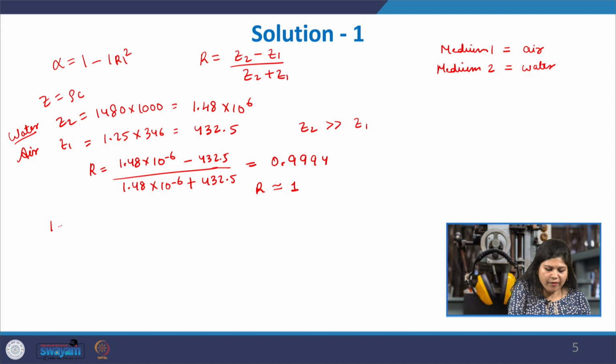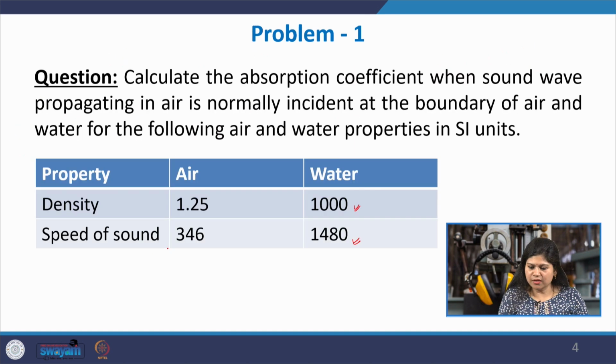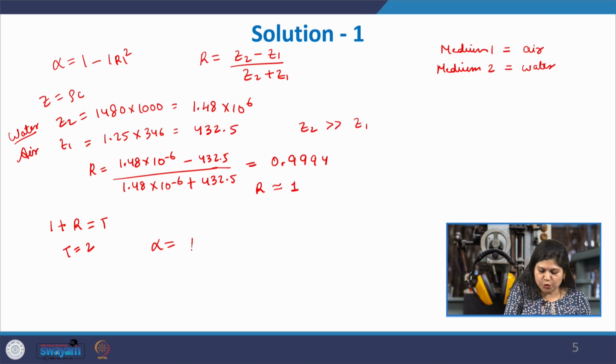And you will see that T is also 2, a very peculiar case which we will see. If you try to solve for alpha, the absorption coefficient for this boundary, it is 1 minus mod R squared, which comes out to be 0.